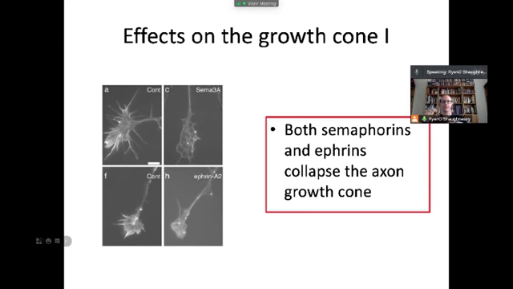So here in this figure, we see the expression of actin in the actively growing growth cone. And if you express semaphorins and ephrins in the vicinity of these growth cones, you can see a very clear response. These filopodia and lamellipodia are collapsed. The growth cone becomes much smaller and less motile. So both the semaphorins and the ephrins can collapse this axon growth cone.